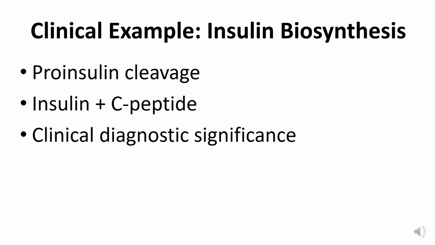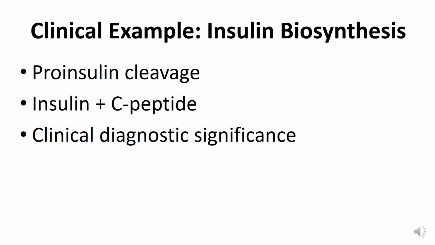This example shows how hormone synthesis is more than just hormone production. The body carefully processes and modifies molecules before they become fully active. Each step is essential for proper hormone function. Insulin biosynthesis also highlights the precision of the endocrine system.